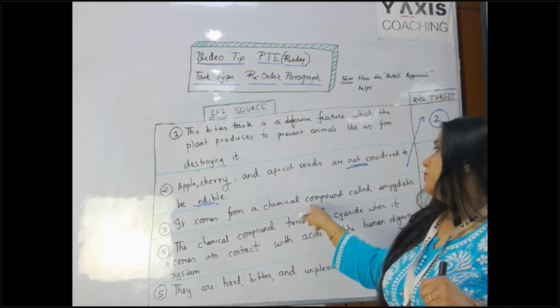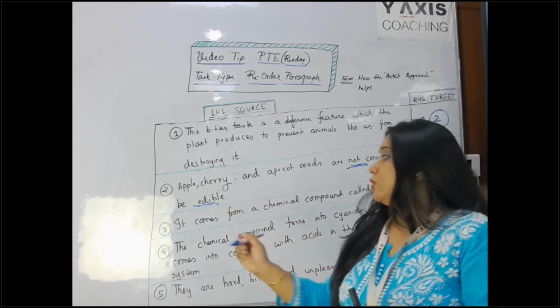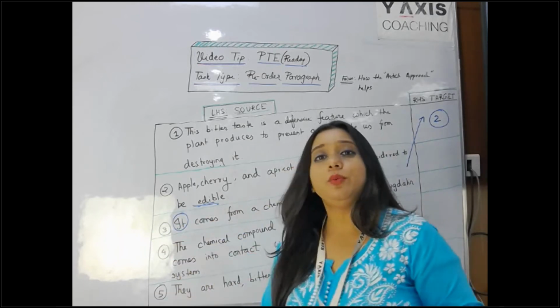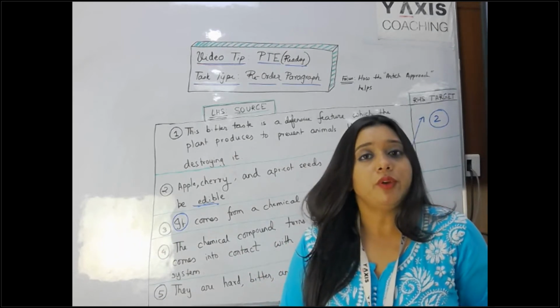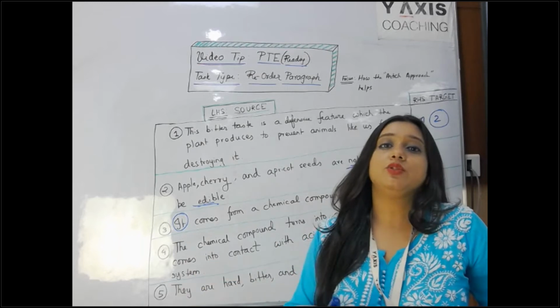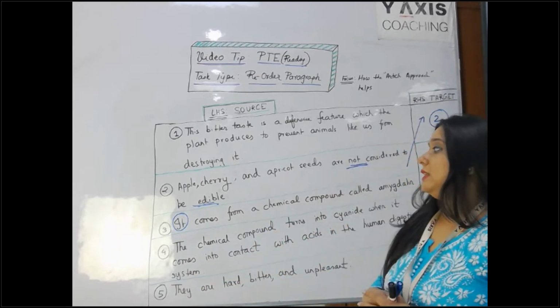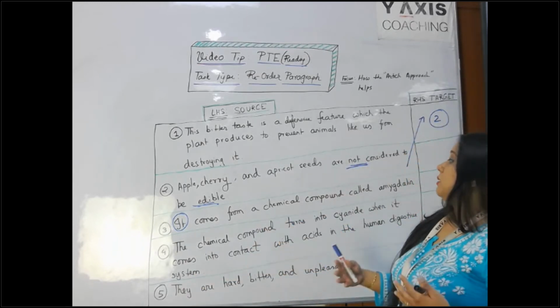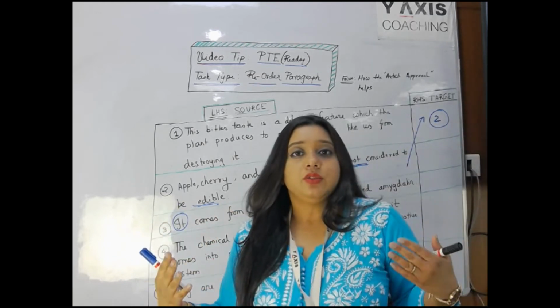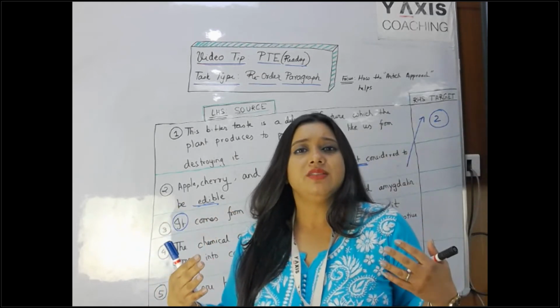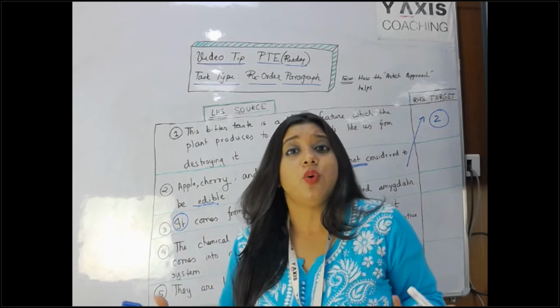Next one, it comes from a chemical compound. So over here we have the pronoun it. Now what does the rule of pronoun say? Pronoun has to refer to its antecedent. So when I see this sentence, it comes from a chemical compound called amygdalin, the question that should come in the mind over here is that it means what?